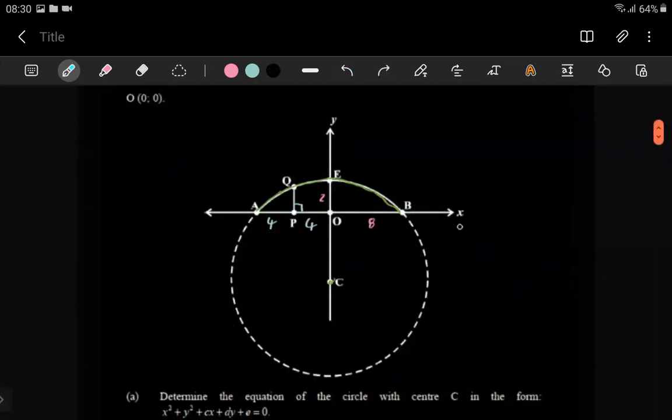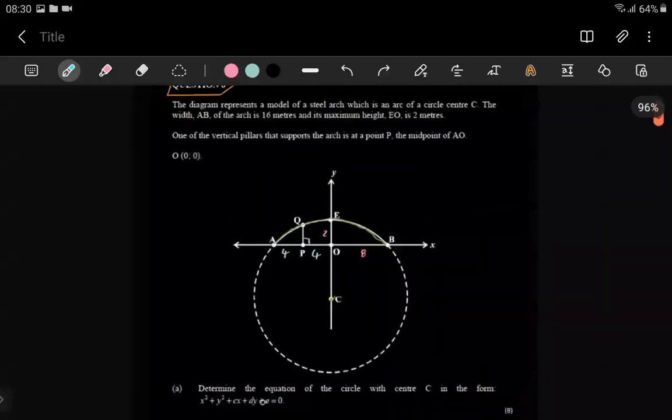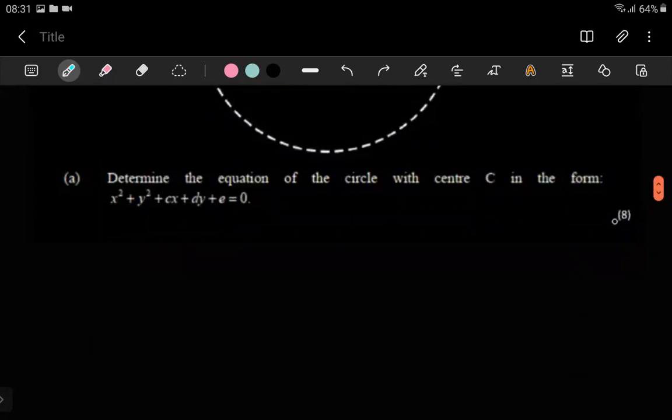You see, x-axis, y-axis. For 8 marks, they're asking us to determine the equation of the circle with center C in this form. As we mentioned in the beginning, it's an 8-mark question because you have to take different steps bit by bit to get what you eventually need. Don't worry about this form. What you want to worry about is getting it into this easy format first.